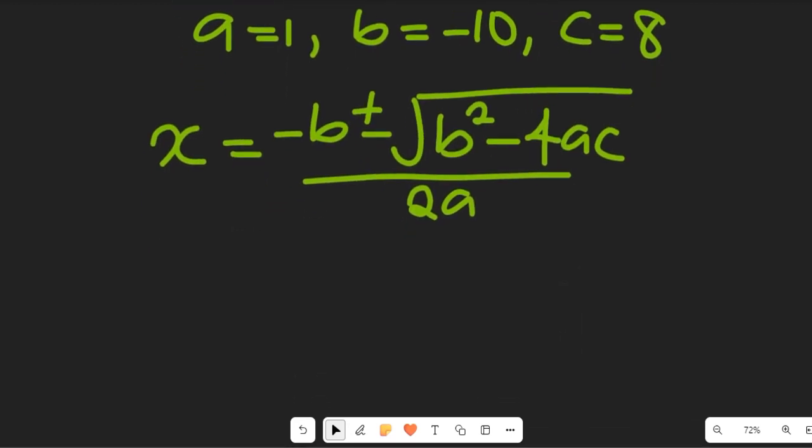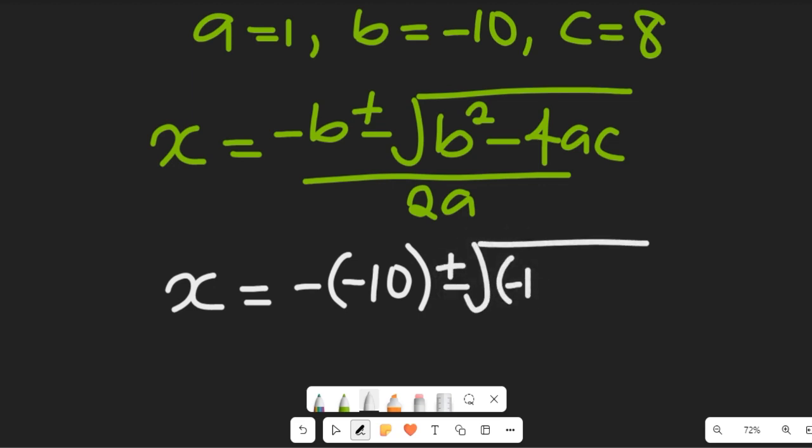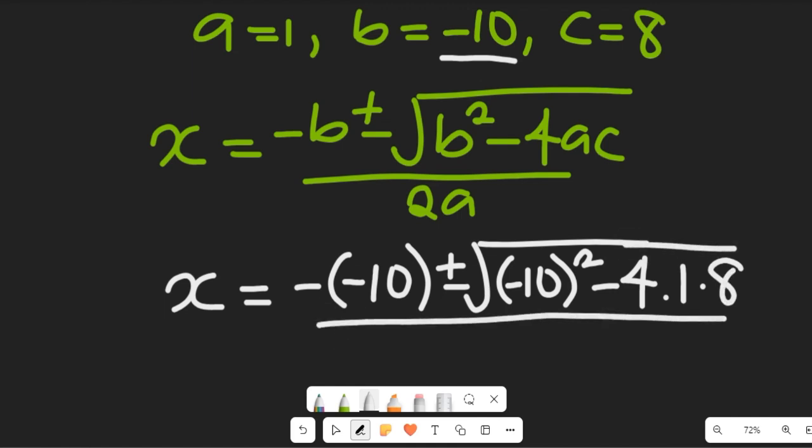Now let's substitute the values of a, b, and c into that expression. So we'll have x equal to negative multiplied by negative 10 plus or minus the square root of negative 10 squared minus 4 multiplied by a, which is 1, multiplied by c, which is 8, and all these will be divided by 2 multiplied by 1.